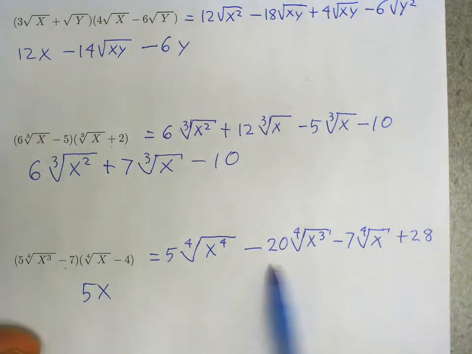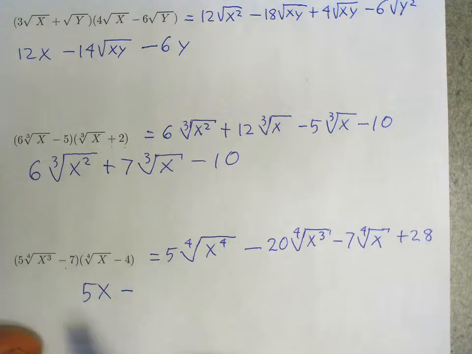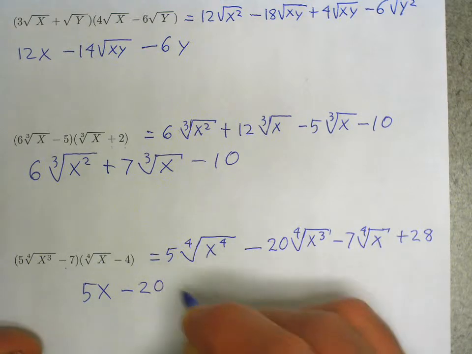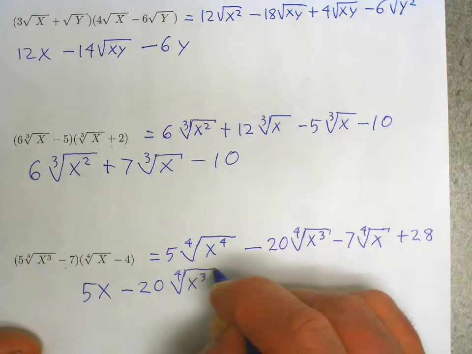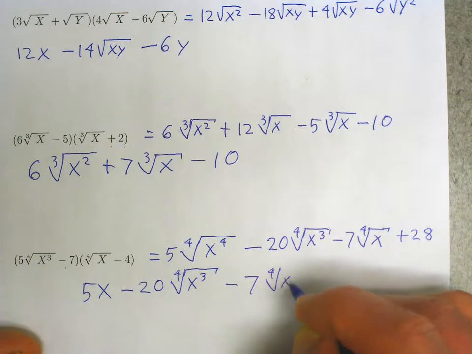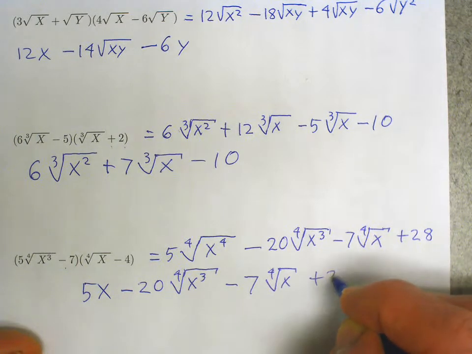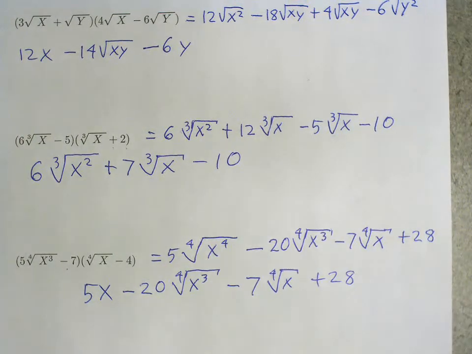So none of those remaining terms can be combined. So the simplified product is 5x minus 20 times the fourth root of x to the third minus 7 times the fourth root of x plus 28. That's as simplified as it can get.